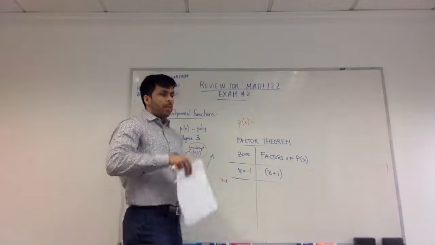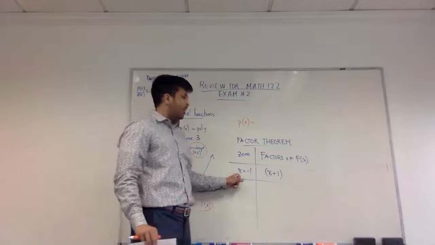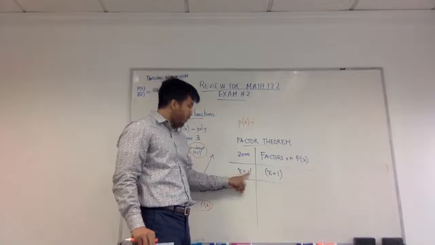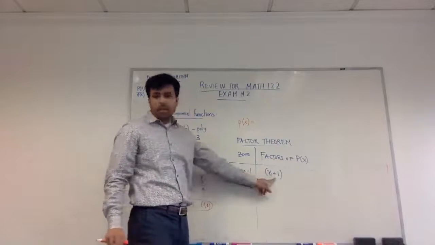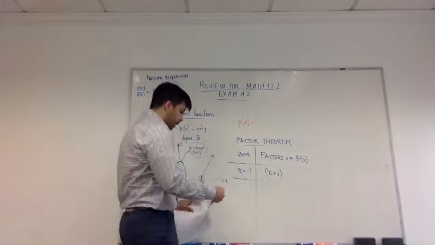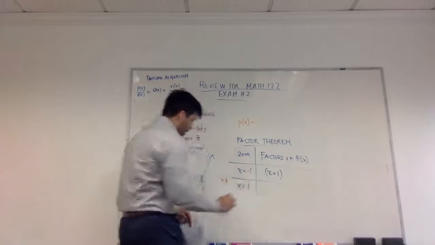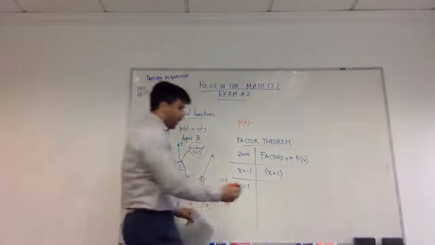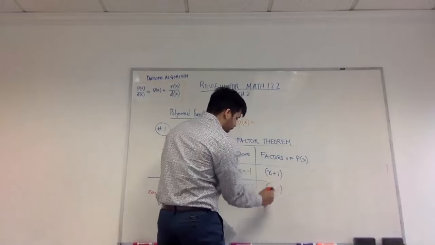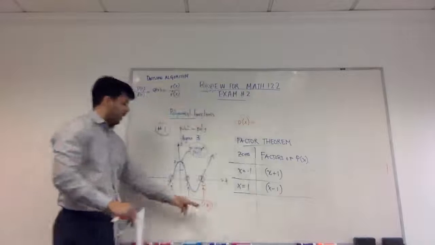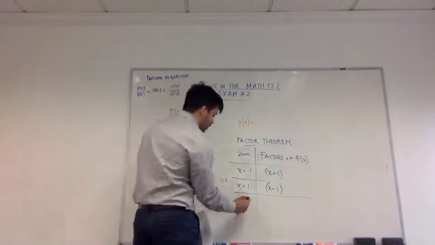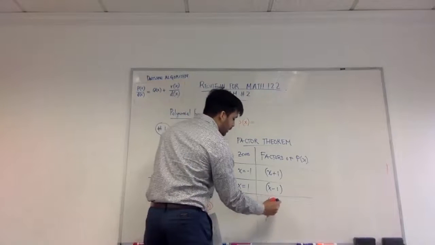But now we are reversing our steps. We're given the zero. Now what's the factor associated with it? Well, if you add 1 on both sides here, you get x plus 1. So this is one of my factors. Now I have the other zero, x equals 1. So my factor would be x minus 1. And then the last one is x equals 2. So my factor will be x minus 2.